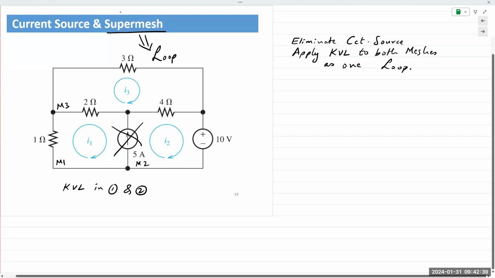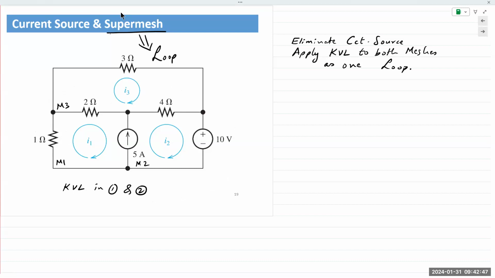But the thing that you have to be careful about is that the mesh currents do not change. So if I was to apply KVL in the outer loop for mesh 1 and 2, KVL around M1 and M2 is going to give me, let's see, I1 is on the left.